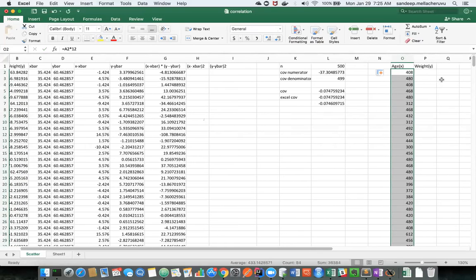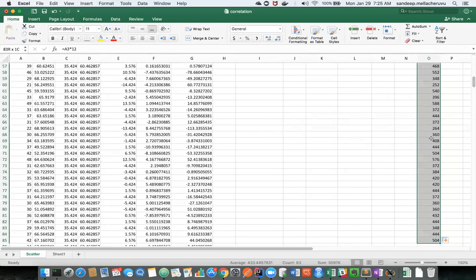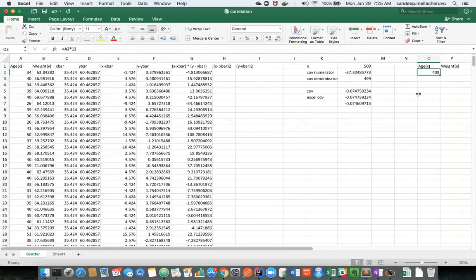No need. The reason I generally use a dollar sign is that if I have to use the same value in all the fields, I'll use a dollar. But in this case, this is A2 into 12, and this is A3 into 12, which is this value into 12. Let's see what happens if I use a dollar.